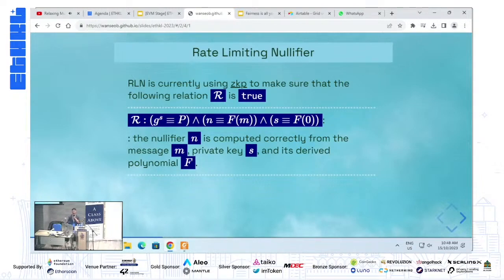And also the given polynomial's evaluation at 0 equals the private key of a given public key. These are the relationships that we would like to prove. And currently, rate limiting nullifier is using a ZK circuit to prove this.